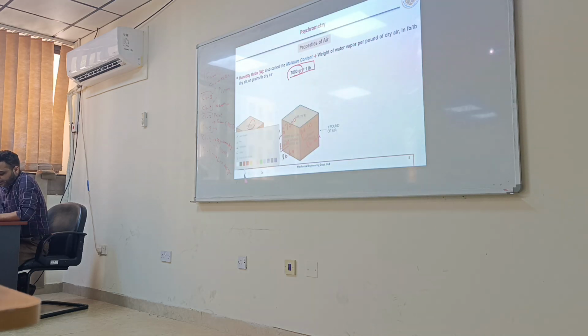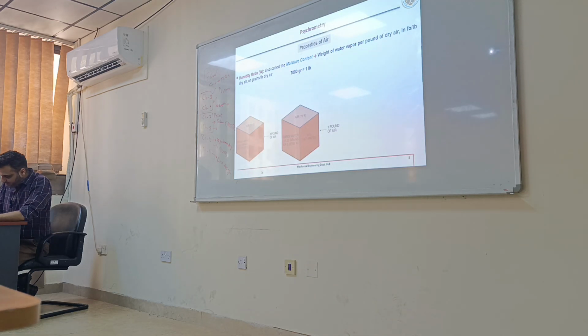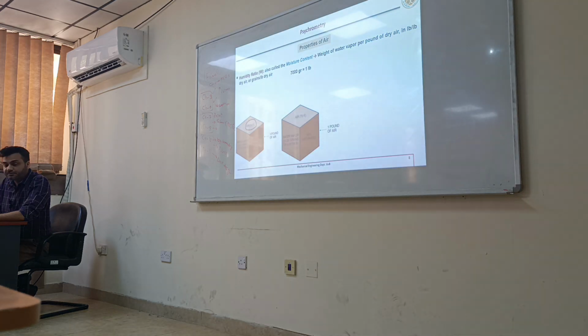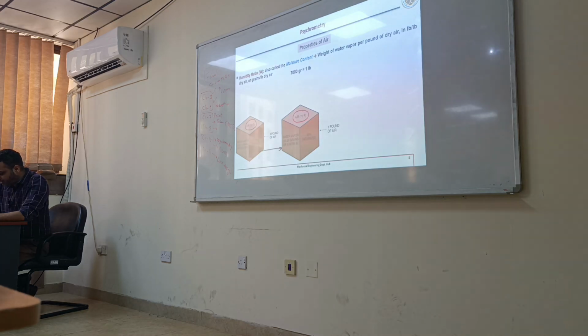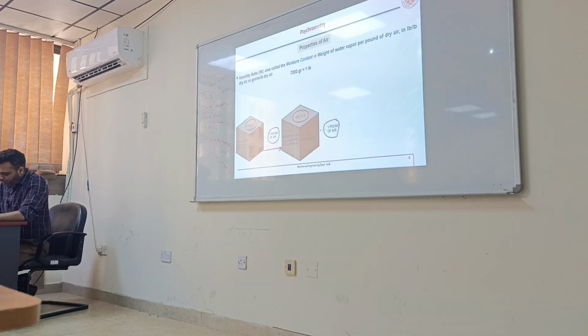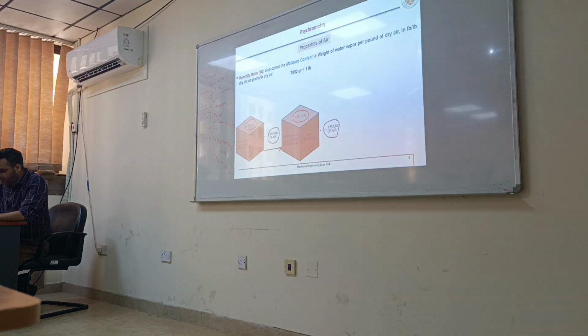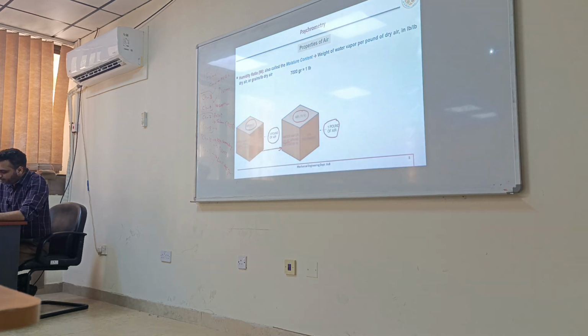Okay, now here is an important thing. So this air was at 70 degree Fahrenheit, the same air at 70 degree Fahrenheit. Now from here to here, what is the change? Same 1 pound of dry air, but the water vapor is changed from 110 to 55, almost half. If temperature is constant, then this was the maximum capacity of this air to hold water vapor in it.